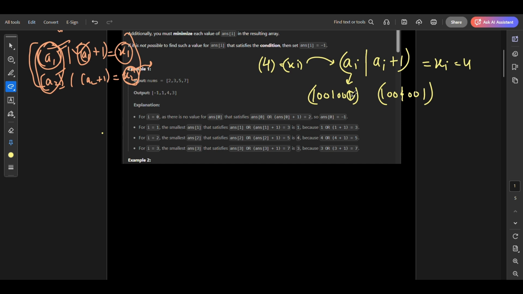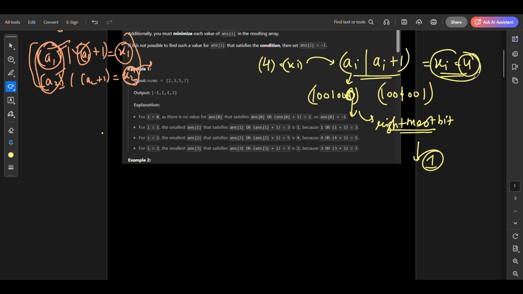So one thing I'm sure of is that the least significant bit, the rightmost bit, will always be equal to 1. With any kind of operation, I cannot find an ai for which ai OR (ai + 1) will be equal to xi when xi is 4.